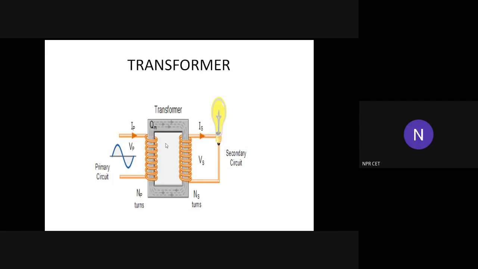Okay, we will see one by one. We see the working principle and the construction of the transformer. Construction details of the transformer. The next slide.